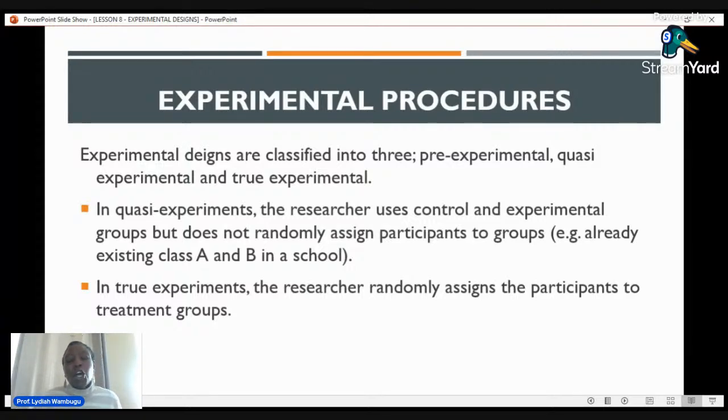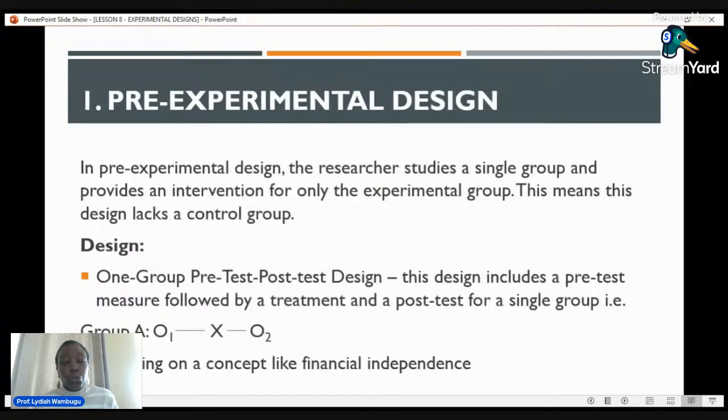That is another way you can conduct quasi-experimental. I hope you can see it is not something that is out of this world. It is something doable. But of course, don't force a design if your problem does not fit the design, because it is the problem that determines the design that you are going to use, and that also determines the title of your work.